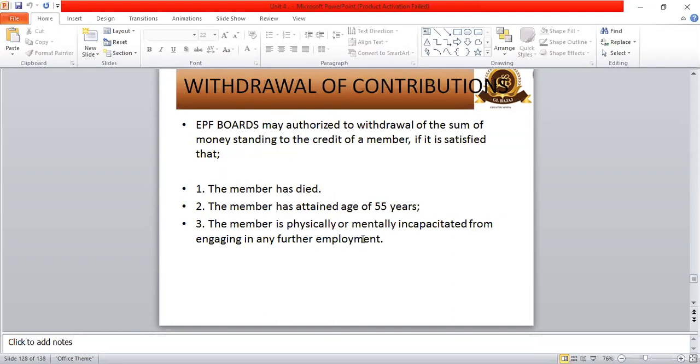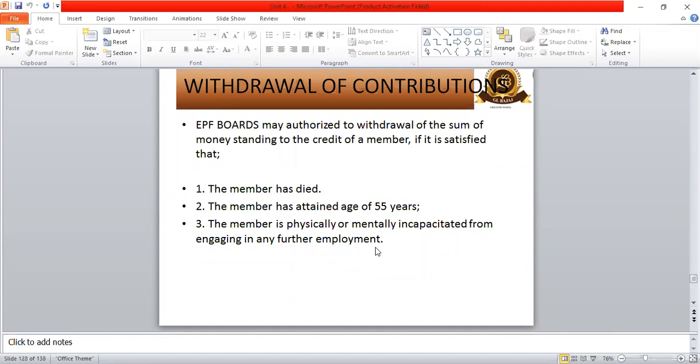The member is physically or mentally incapable of engaging in any further employment. See, EPF is simply for employees. If you don't have any employment, you don't have any job, of course your PF amount would not be deducted from anywhere, and neither can you contribute to the PF account. You cannot say that I have a PF account, I will deposit the money directly to the PF organization. No, it won't happen.